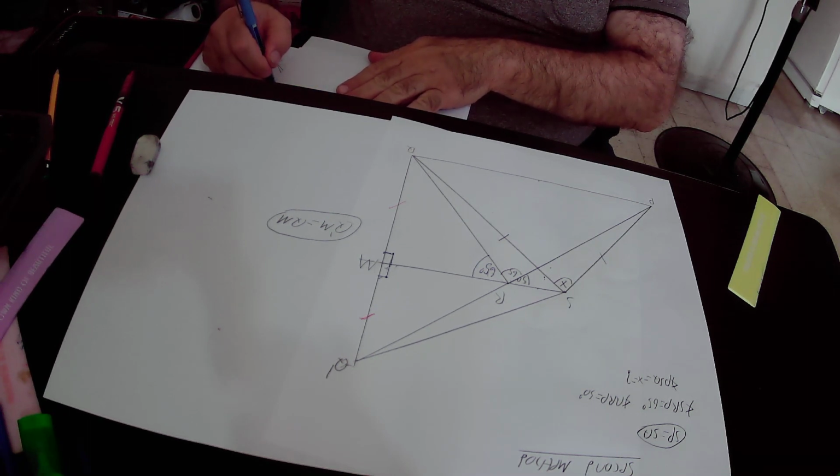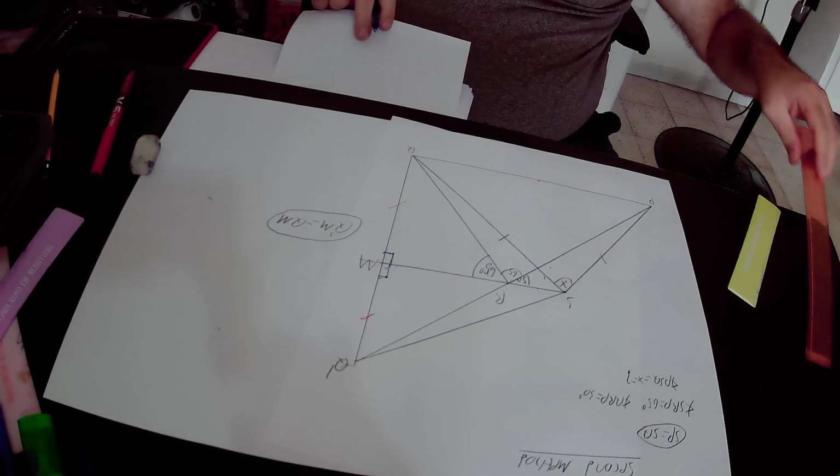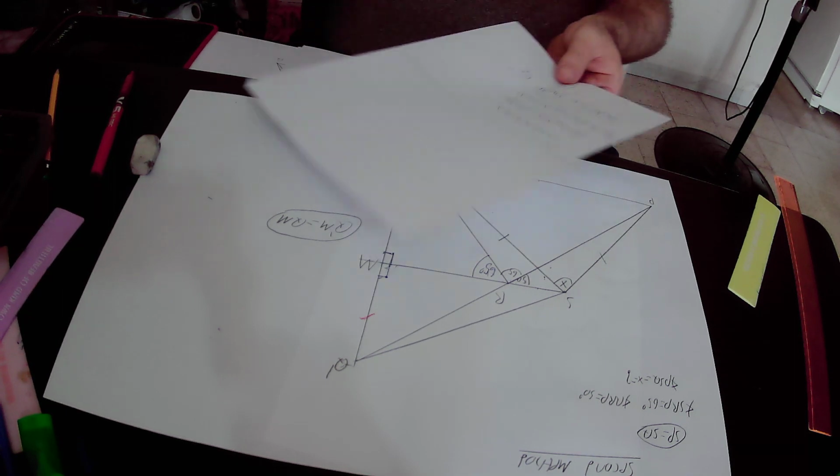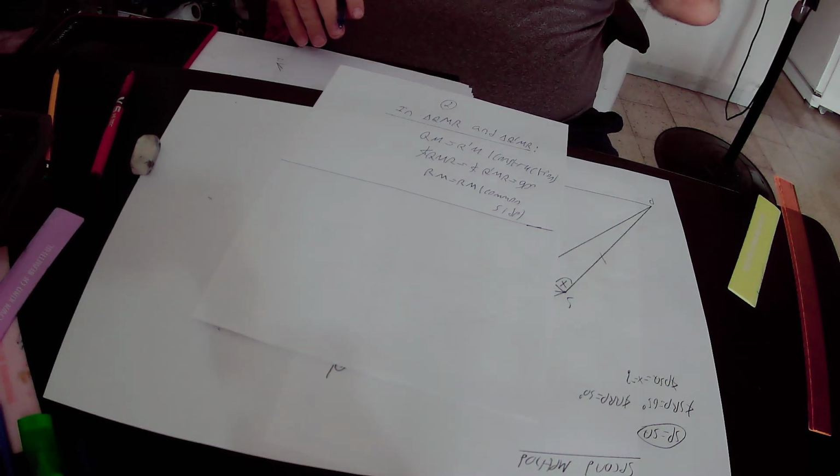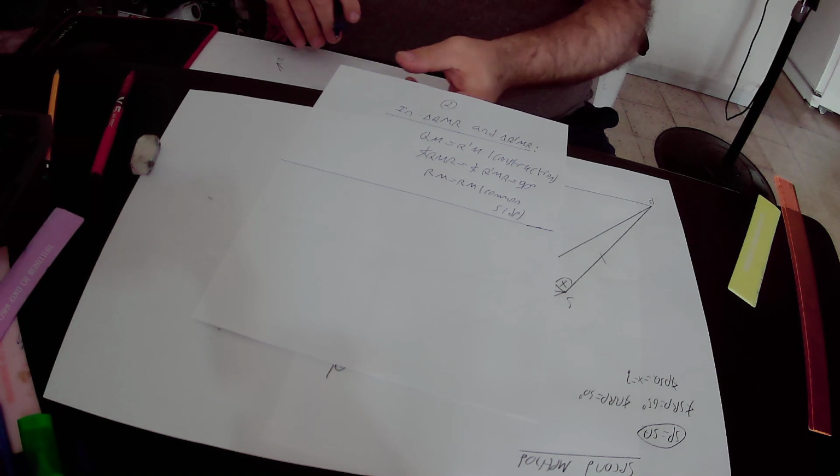So RM equals RM is the common side, so we actually proved the right triangle QMR congruent to the right triangle Q dash MR, according to the side angle side rule. So I write it down.